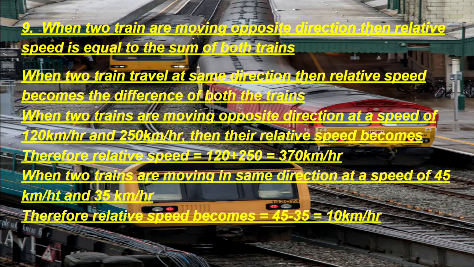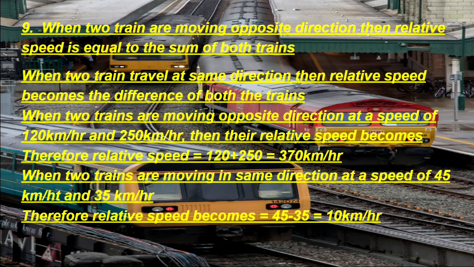We are coming to the second point. When two trains travel in the same direction, the relative speed becomes the difference of the speeds of both trains. It's very easy. While traveling a long distance, at some point we have seen another train beside us, maybe a little faster than us.